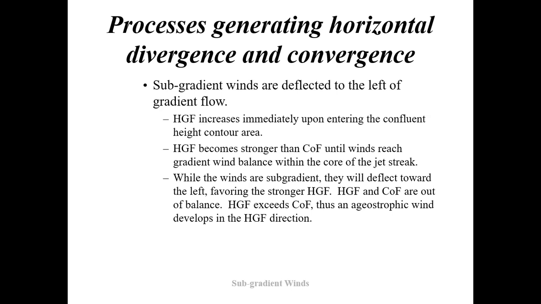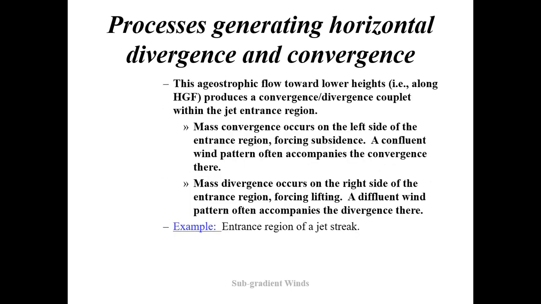And while the winds are subgradient, they will deflect toward the left, favoring the stronger height gradient force. Then height gradient and Coriolis force are out of balance, so that's an ageostrophic wind component, where we've got height gradient force exceeding Coriolis, and thus we get an ageostrophic wind development.